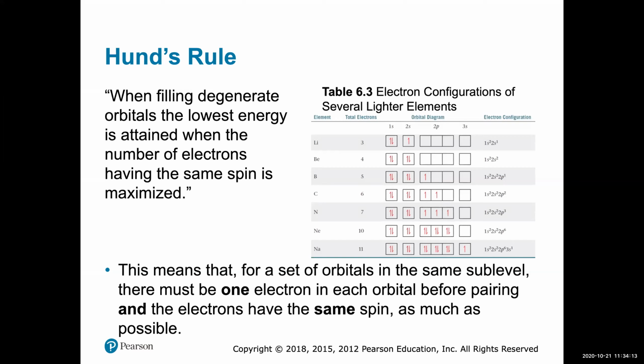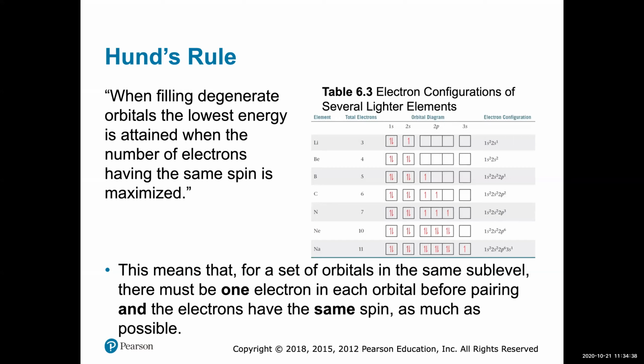Nitrogen with 7, we fill the 1s and 2s, and then we put 1 electron in each of the 2p orbitals. Notice that we have them all drawn up. We're not pairing anything. We're not drawing any of them down. They're all pointing up. And we have 1s2, 2s2, 2p3.